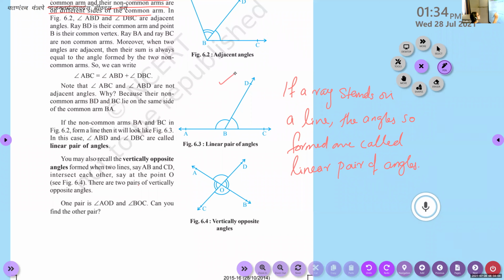Draw this figure. Linear pair of angles.